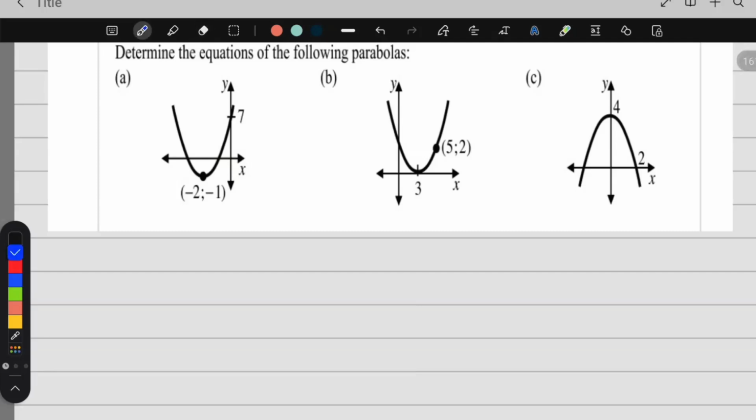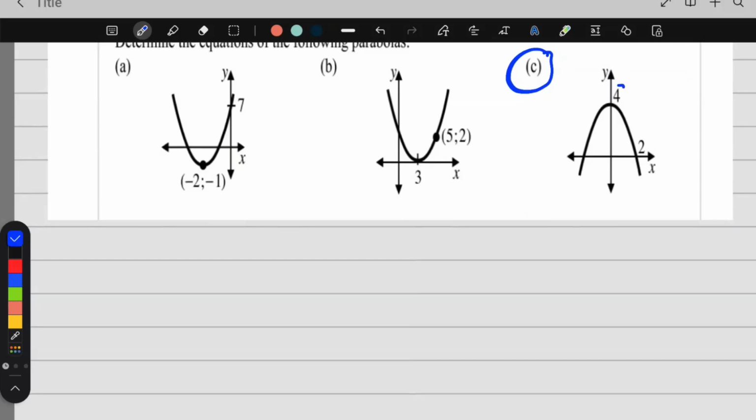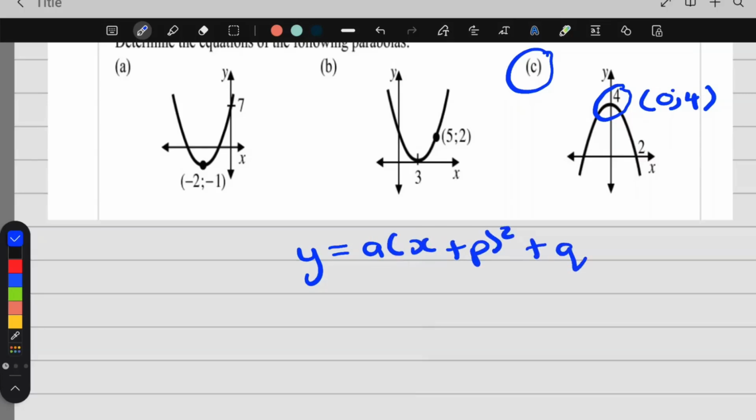Let's look at number C. So this is our last example, number C. Here we have a parabola and we have to find the equation and the turning point is given. That turning point is 4 over there. So if you have to write the coordinates down, it is (0, 4). So because the turning point is given, we write the standard form down for turning point. So P refers to the x value of our turning point, and we change the sign.